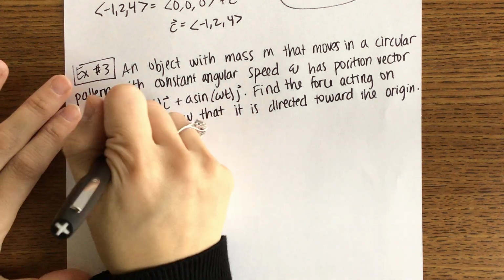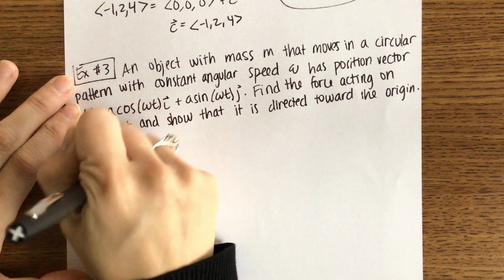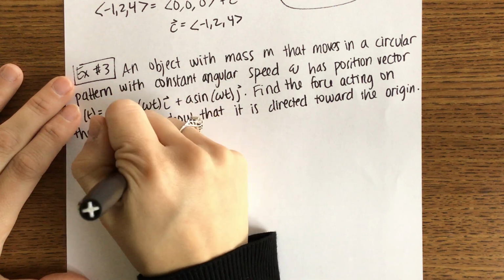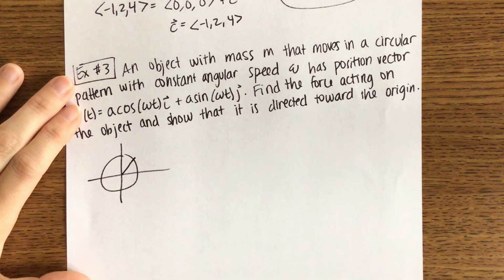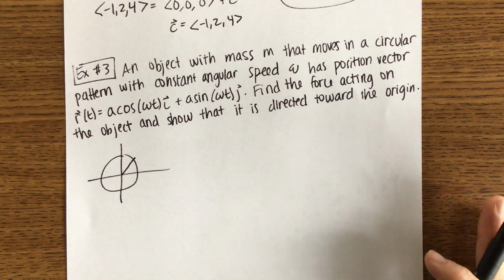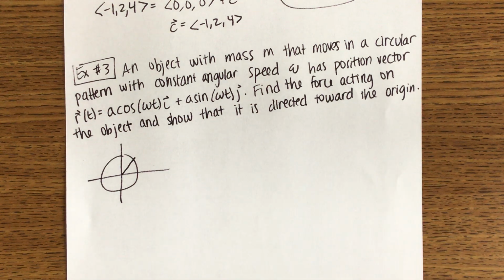Okay, so here's what we have going on. We have some object that is going around this circle. We have some radius vector. And then we have a constant angular speed. Obviously this involves physics, which you all know is not my area of specialty. What law does this involve? Force.